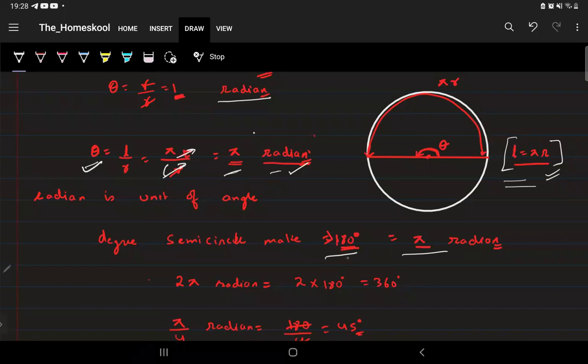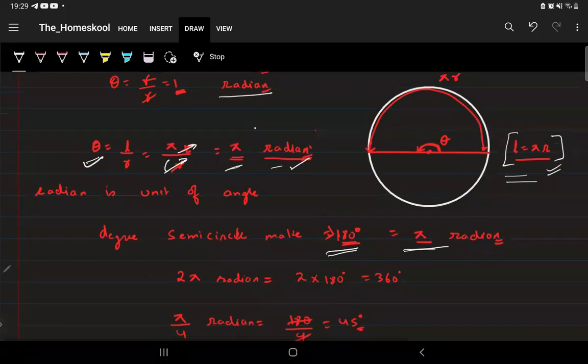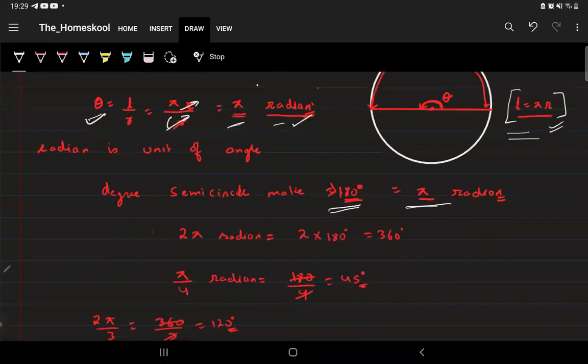So I can say that 180 degree is equal to pi radian. Any issues? Yes or no? This is for a semicircle. For a full circle it is also correct: 2 pi radian is 360 degree.